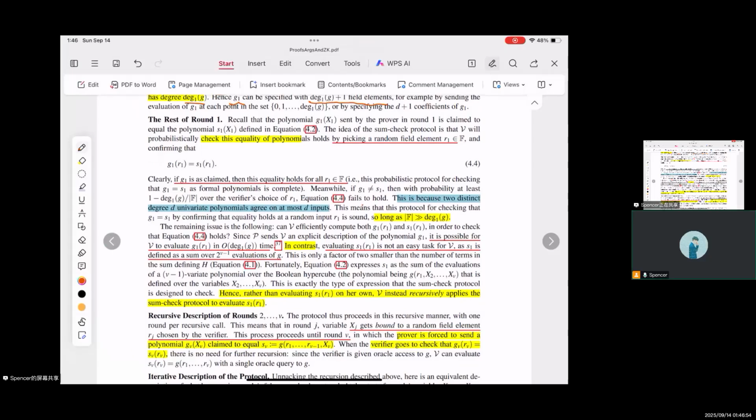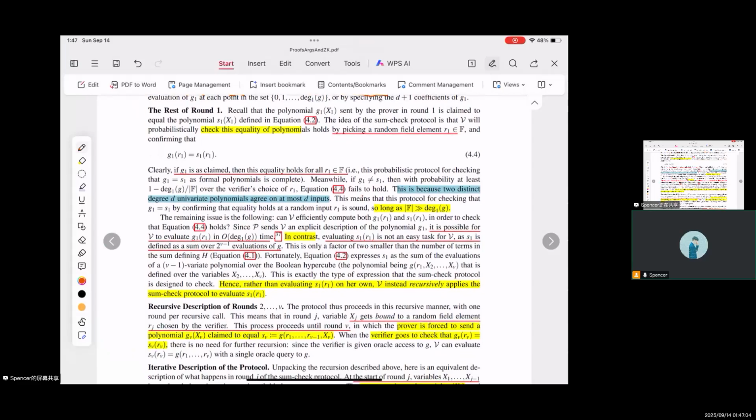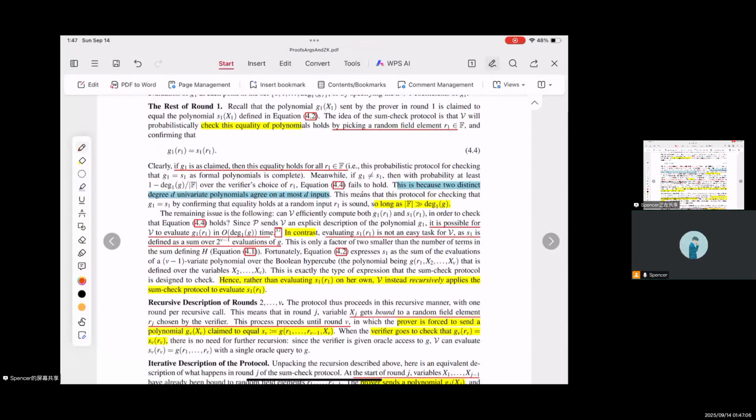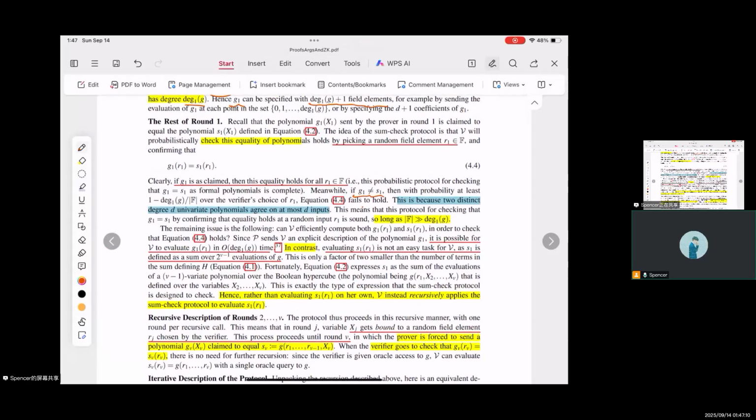This should not happen, but what is the probability of this failure? If g1 is not equal to s1, then with probability at least 1 minus d over |F|, where |F| is the cardinality of the field, that means the number of elements in the field.